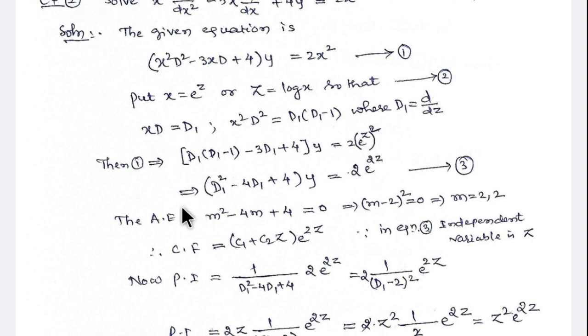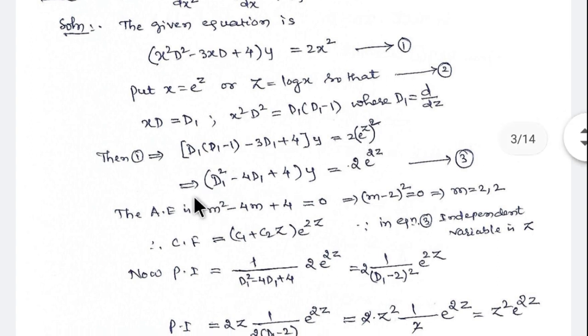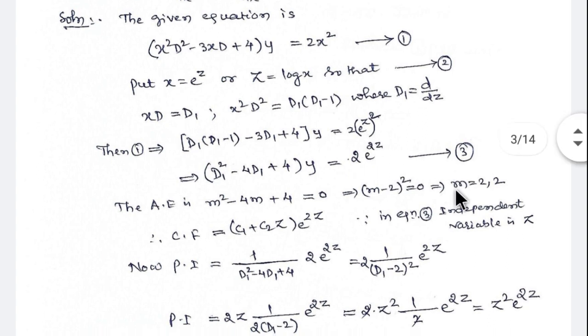After simplifying, (D1 square minus D1 minus 3D1 plus 4) y is equal to 2 into e raised to 2z, by the laws of indices. Call this equation 3.